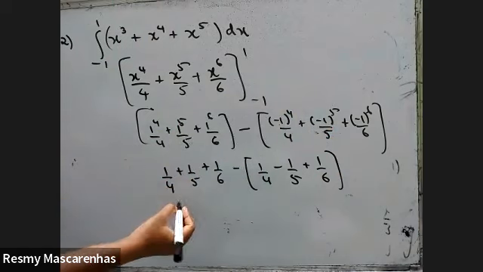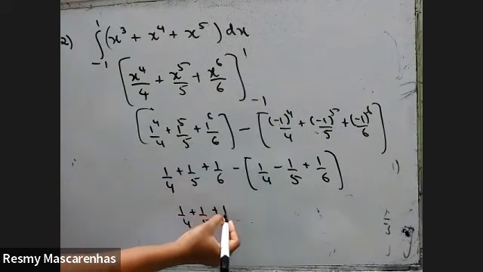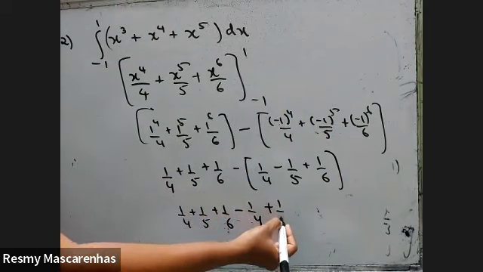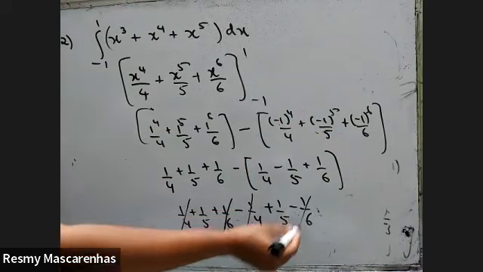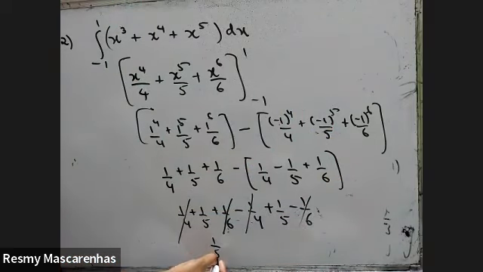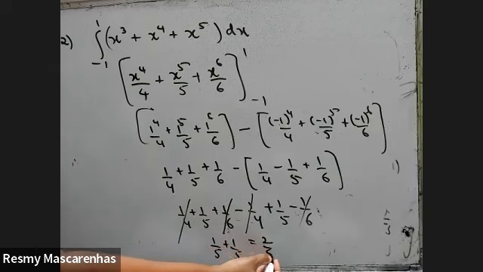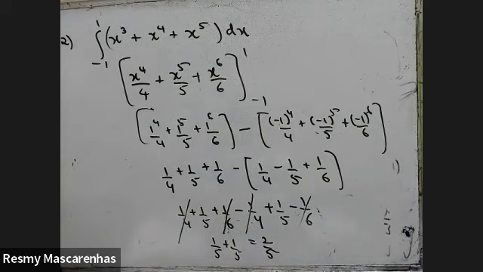Now open up this bracket. 1 by 5 plus 1 by 5, which is 2 by 5. Next one.